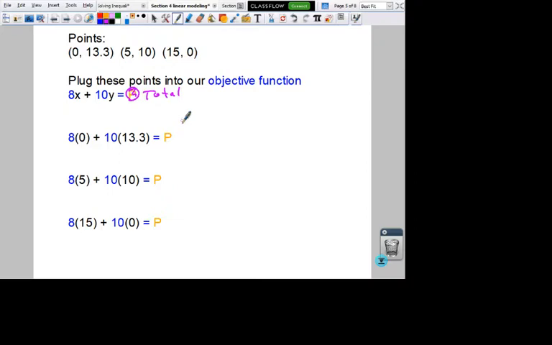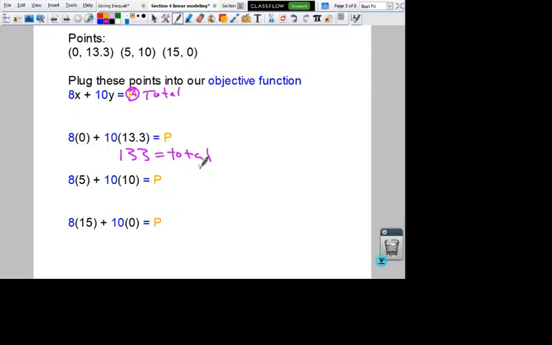Okay, what's 10 times 13.3? 133. Let's move the decimal right once. We get 133 equals our total. So remember X was our Roma tomatoes. If we bought 0 Roma tomatoes and 13.3 cherry tomatoes, we would get 133 pounds total.